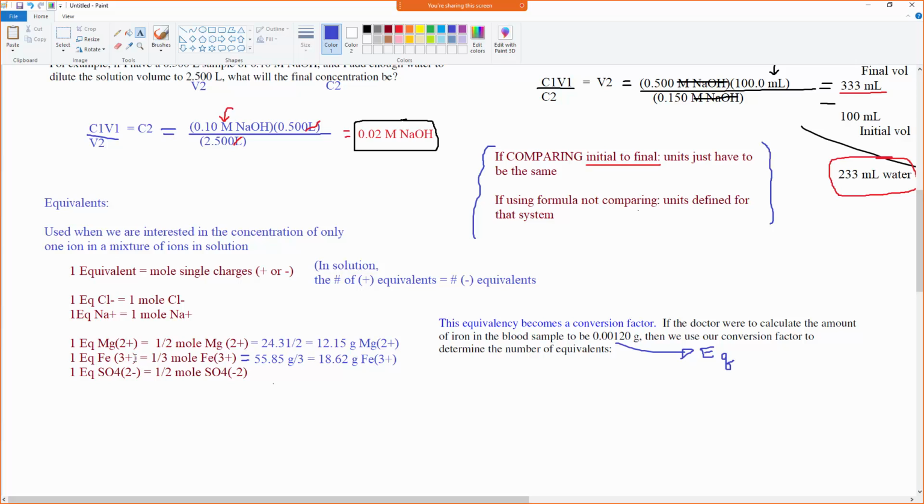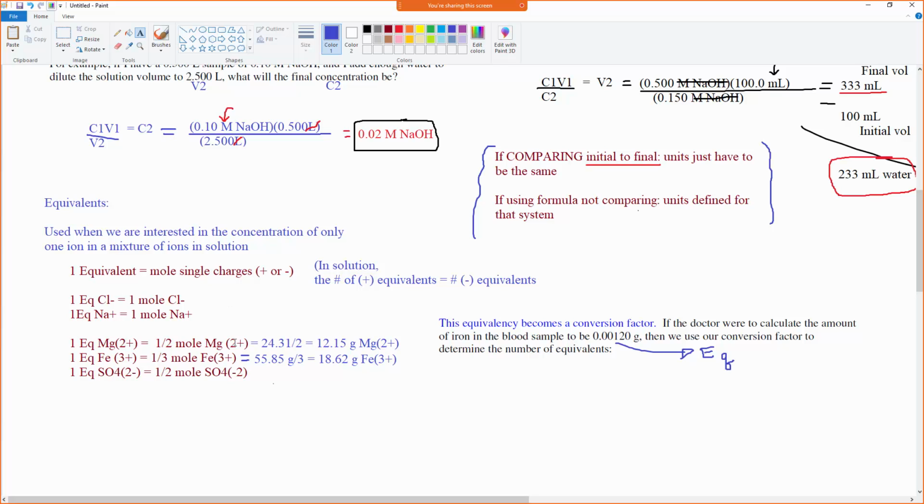Zach, I'm not sure of your question, but to get from equivalents to moles or equivalents to grams, you divide by the charge. So if your charge is +1 or -1, then you just divide by 1. So one equivalent is the same as 1 mole is the same as the molar mass, depending on whether you want to convert between equivalents and moles or go straight from equivalents to grams.